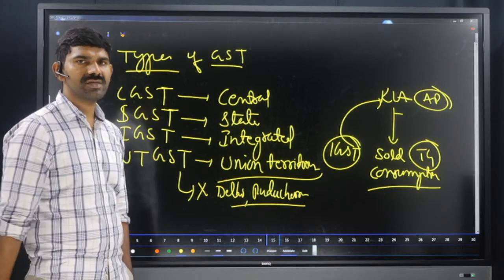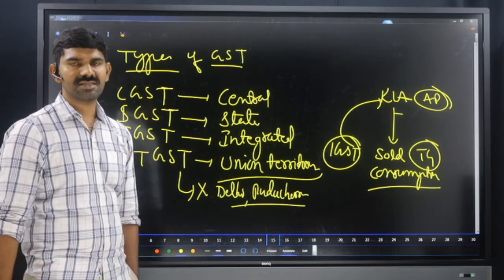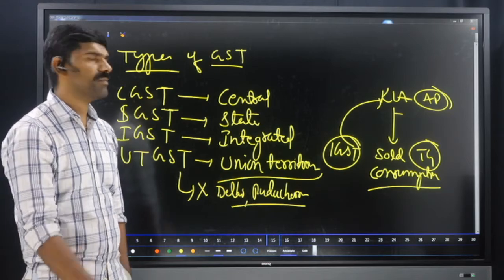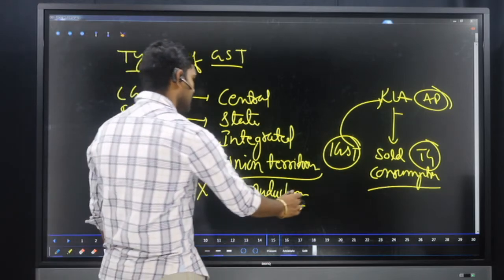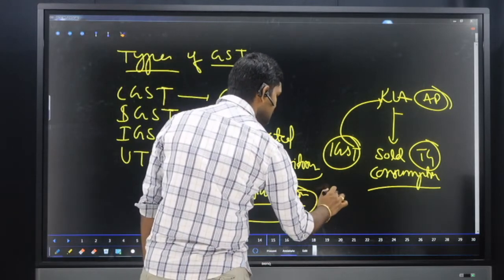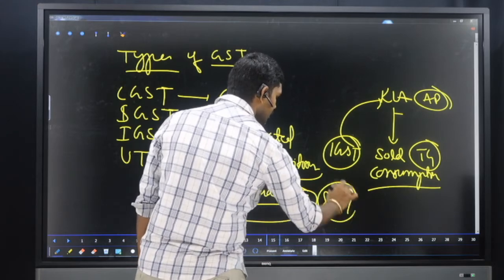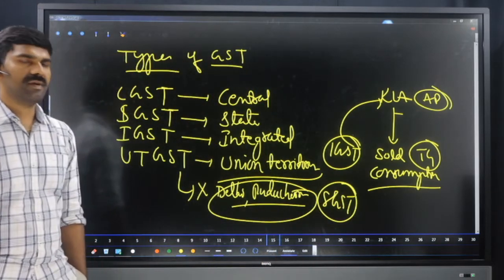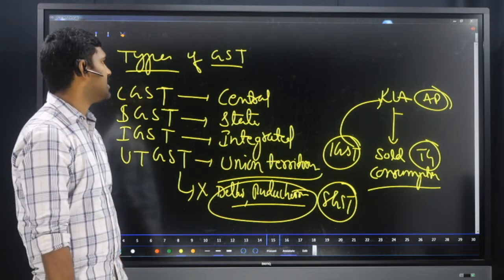Jammu and Kashmir is a Union Territory, but its assembly is not existing right now, so it may not be applicable; later it may be applicable. For these, SGST will be applicable. So they are the types of GST.